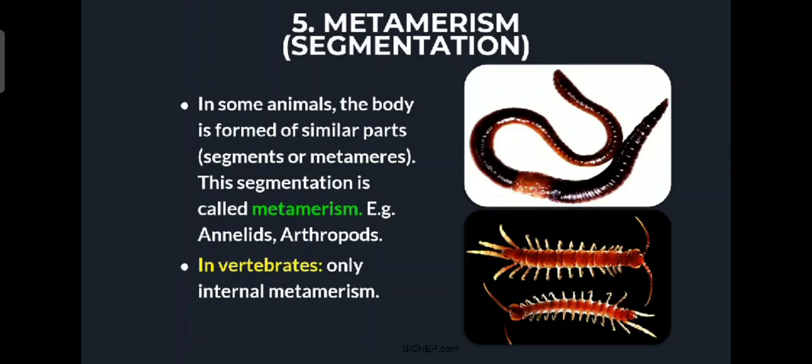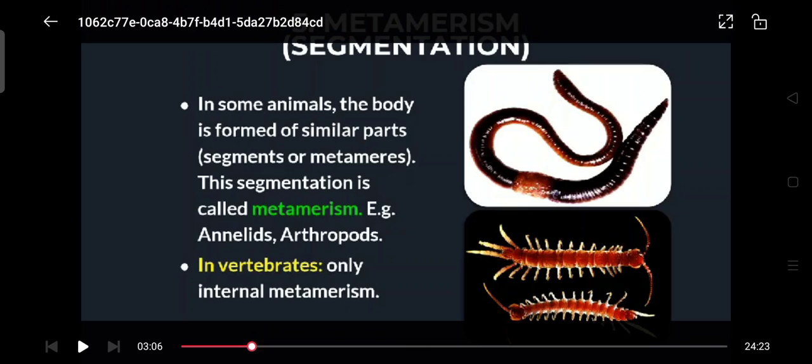So each segment is called as what? Metamere. And it is called as metameric segmentation. And the phenomenon is called as metamerism. Important one. So this you have to remember. Earthworm and the centipede, examples are there. So that is called as the segmentation. 1 mark question, important. What is metamere?